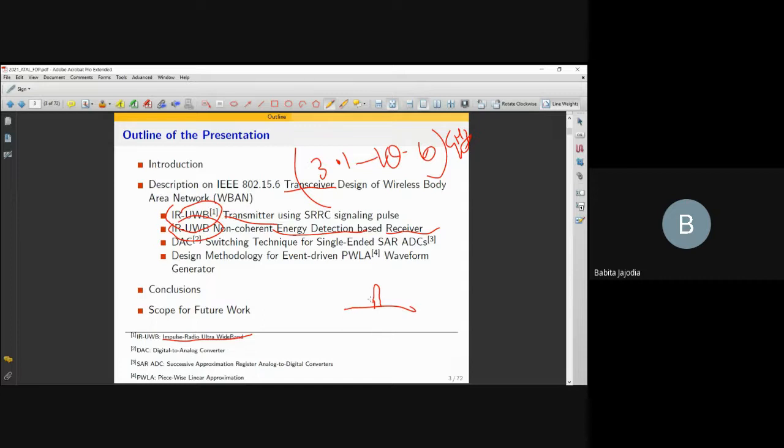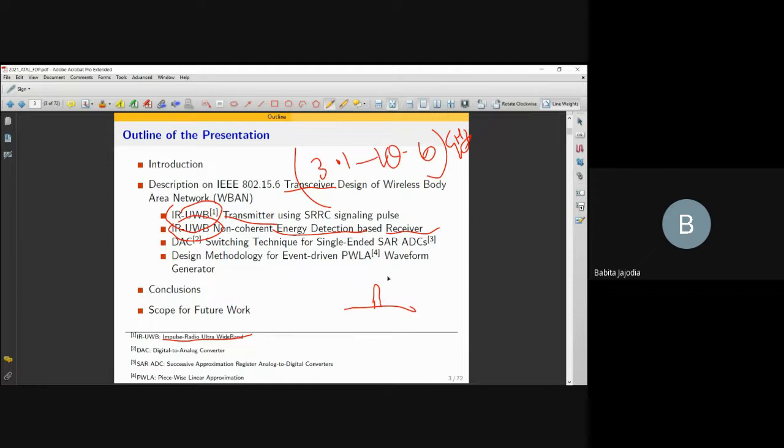A coherent receiver gives optimal BER versus SNR, but it comes at the cost of designing a template generator in the receiver. A non-coherent receiver does not require a template to be generated at the receiver end. We will discuss why we took this into consideration.